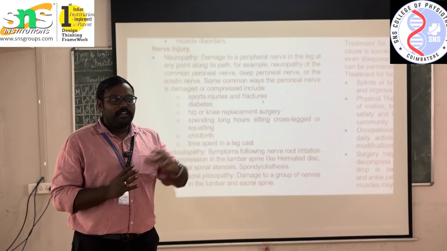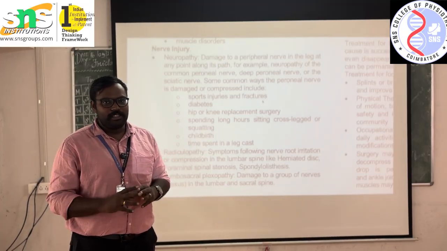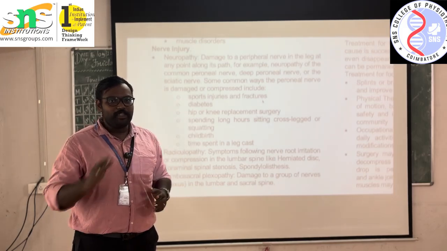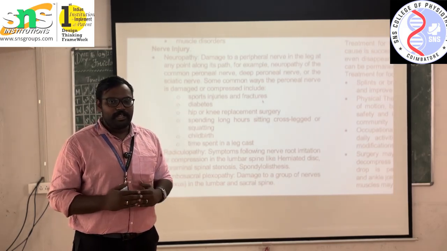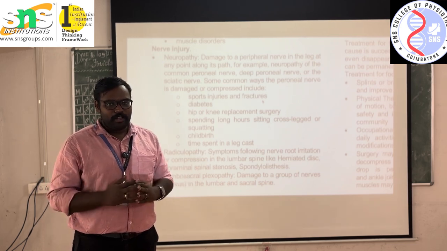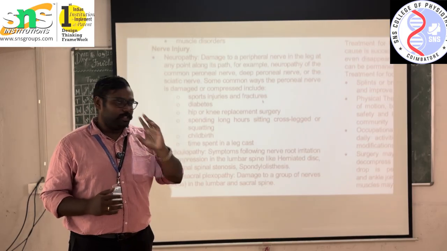If we divide the nerves into two segments, central nervous system and peripheral nervous system, the central nervous system comprises the brain and the spinal cord. The peripheral nervous system supplies the other parts of the body. Foot drop comes under peripheral nerve injury.